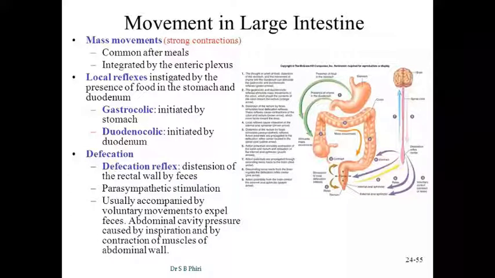These are strong peristaltic contractions that are common after a meal. So after a meal, you find that these mass movements are going to increase. Why? It's because of certain reflexes, like the gastrocolic reflex.